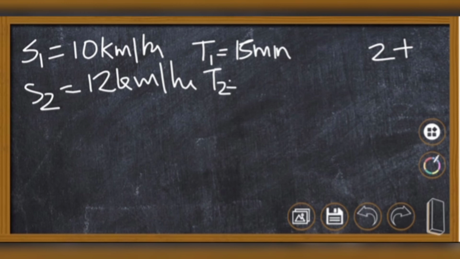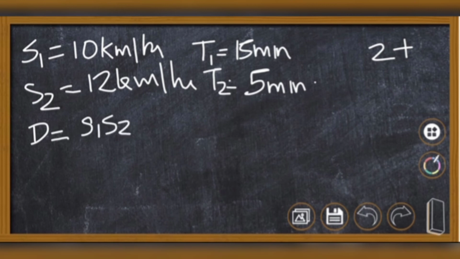Now he is 5 minutes late. So distance is equal to S1 into S2 into T1 minus T2 divided by S1 minus S2.